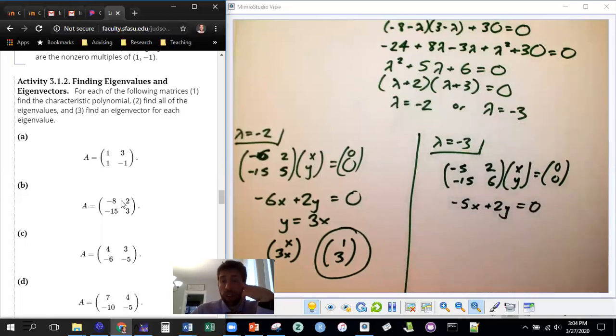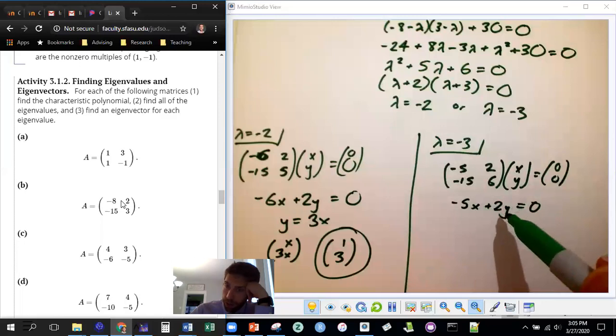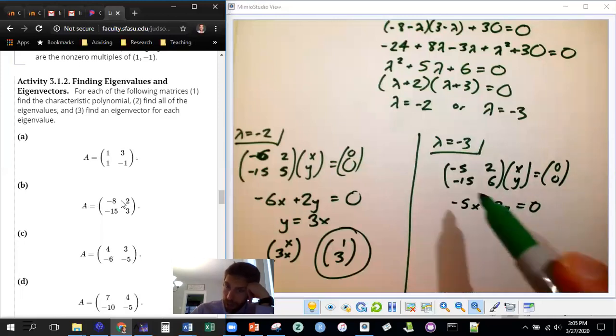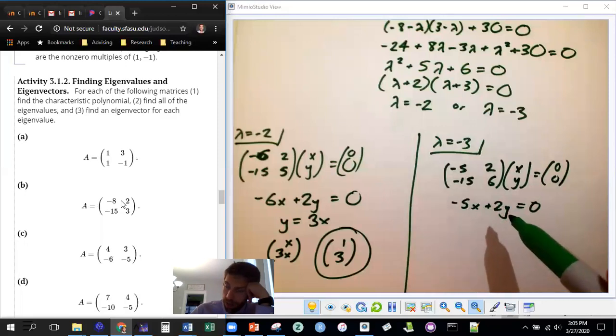This one doesn't simplify as nicely. So sometimes you can just pick an x and y such that this works. For instance, if x were 2 and y were 5, this would be true, because if I had 2 there, it would be negative 10, and then plus positive 10 would be 0.